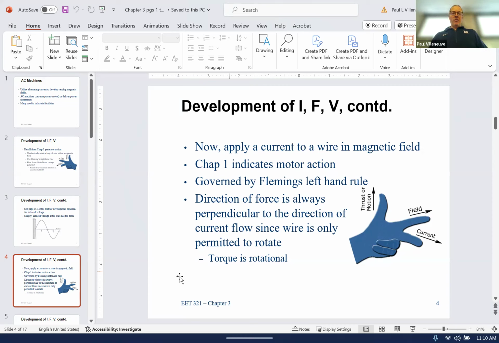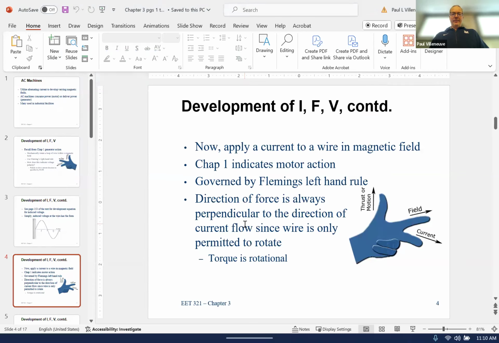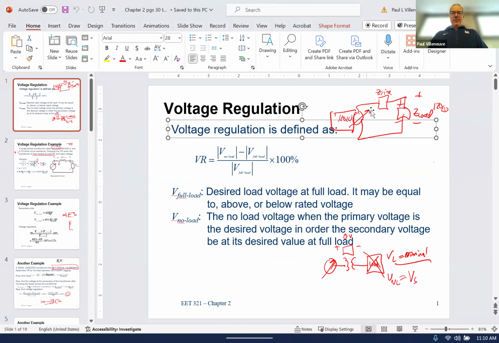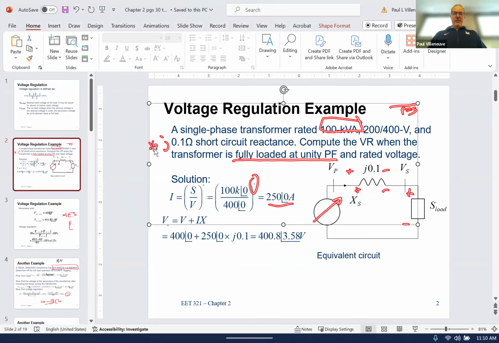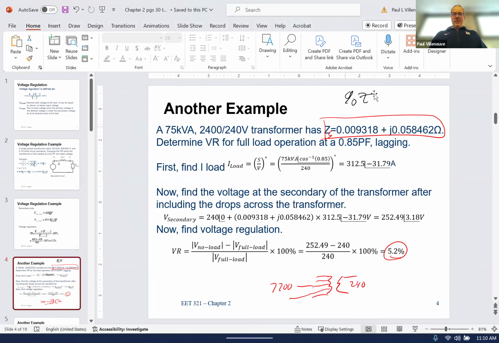So maybe we'll just start over again. Okay. Let's finish transformers. Sorry about that. I'm a day off. I could have sworn, and I have all my notes here. I'm usually much more prepared, but I should have looked at the syllabus. Next time I will look at my syllabus.